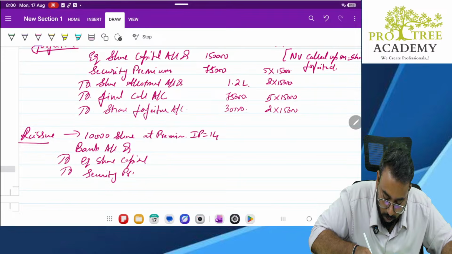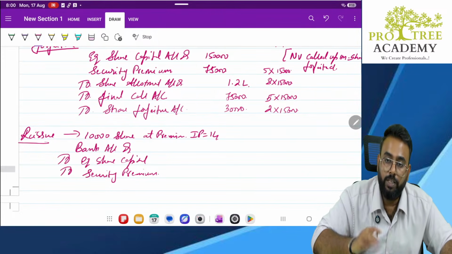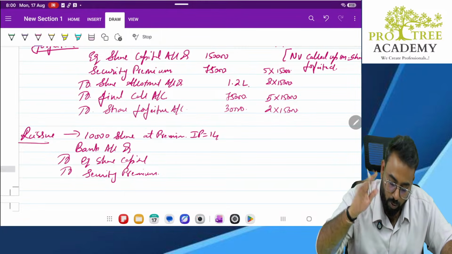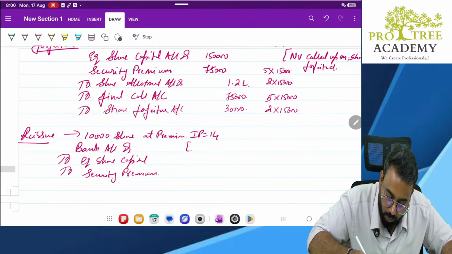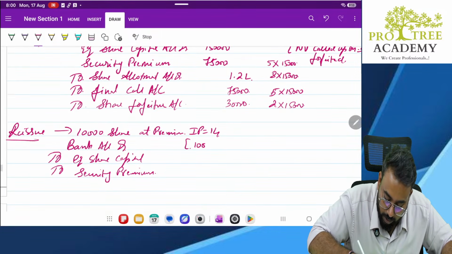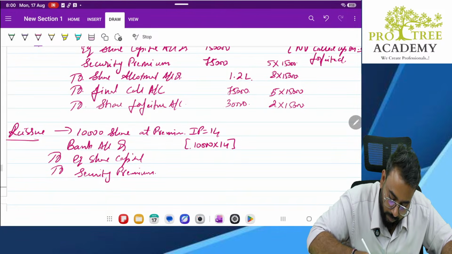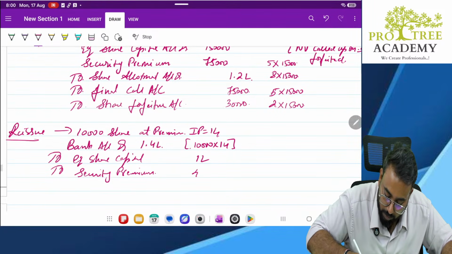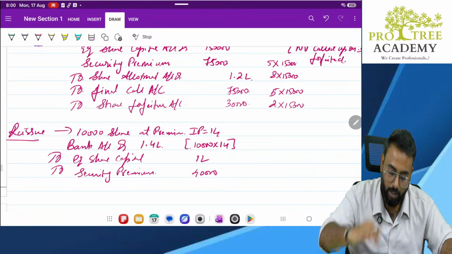No discount issued. If there is no discount, there is no adjustment with forfeiture account. Here we are not issuing it at discount. So what is the entry? 10,000 into 14 is equal to 1.4 lakh. Here it is 1 lakh. The balance will go to security premium.